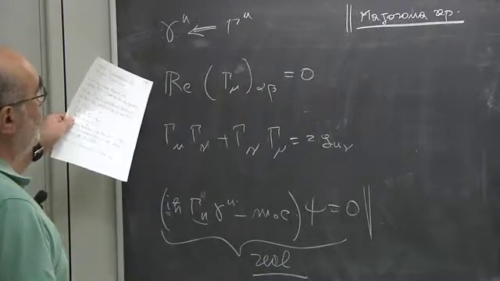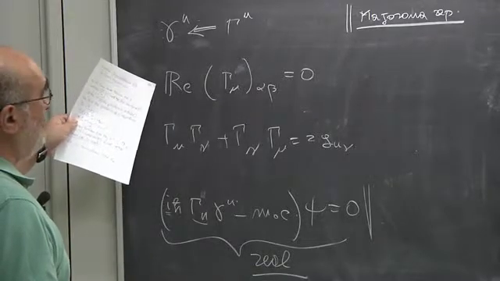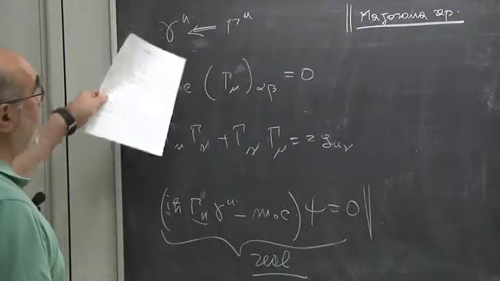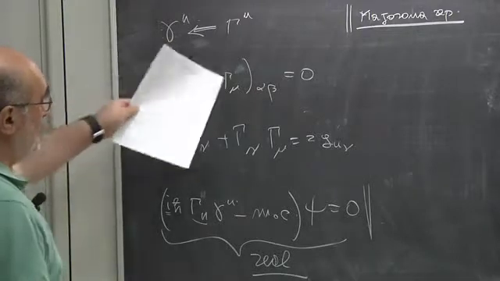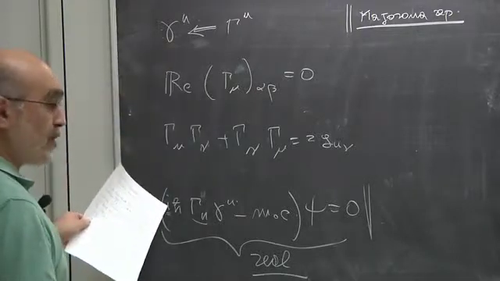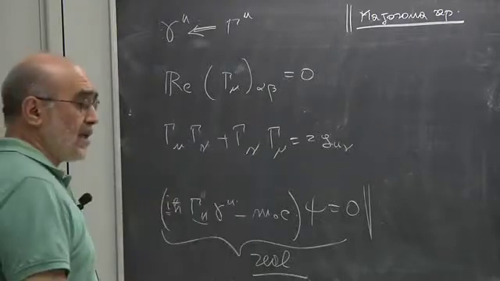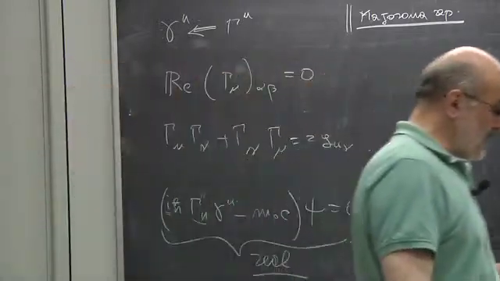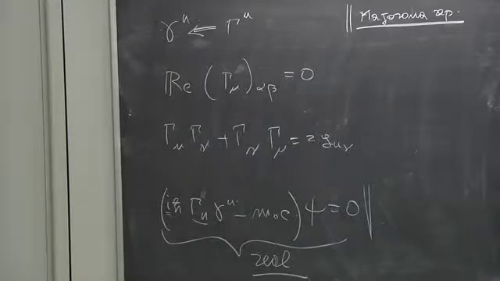So he was able to build gamma matrices that had only imaginary part. The real part was 0, and as a consequence of this i, the Dirac equation was real. So these are called Majorana representation.